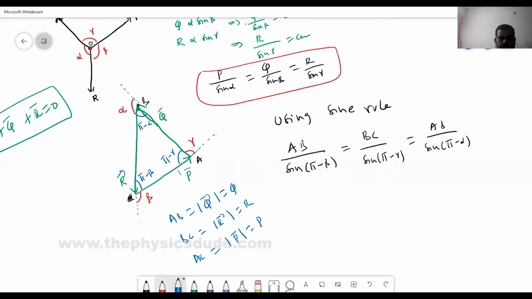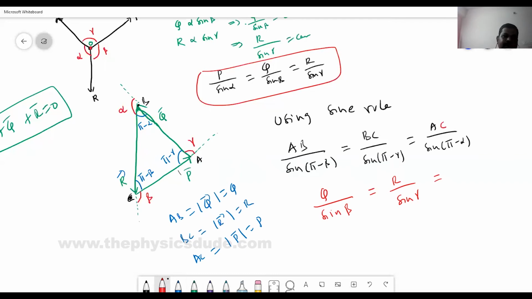So let's substitute those values. What is AB? Q upon sine beta. And what is BC? BC is R, R by sine gamma. And what is AC?